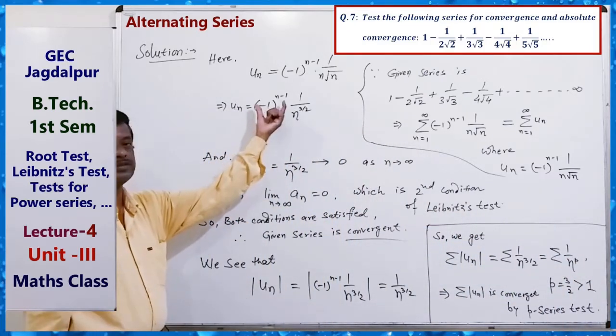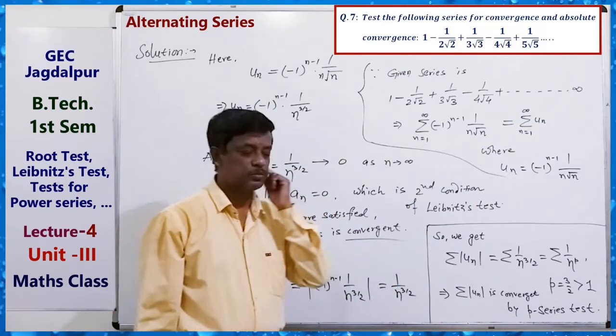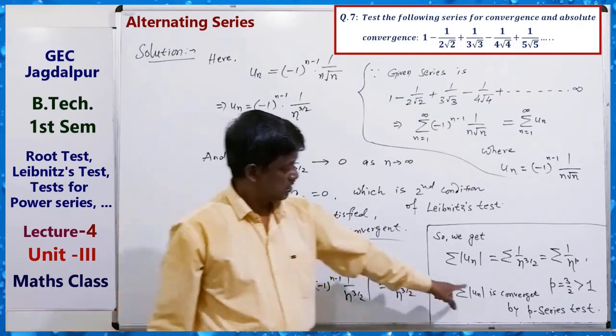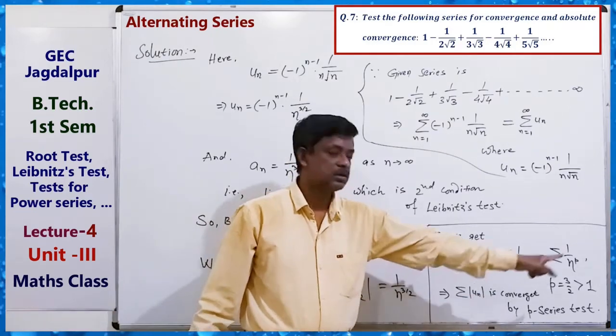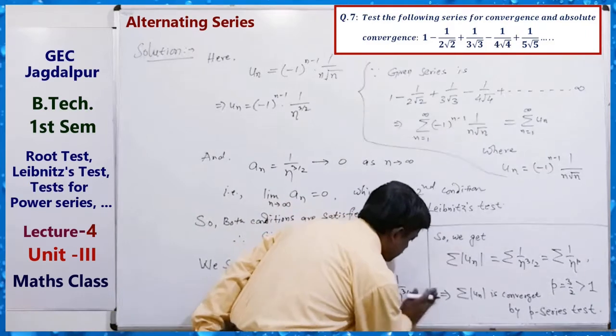Modulus, this will be plus sign, so 1 upon n to the power 3 by 2. 3 by 2 is greater than 1. So by P series test, the series of absolute values is convergent. That is absolutely convergent.